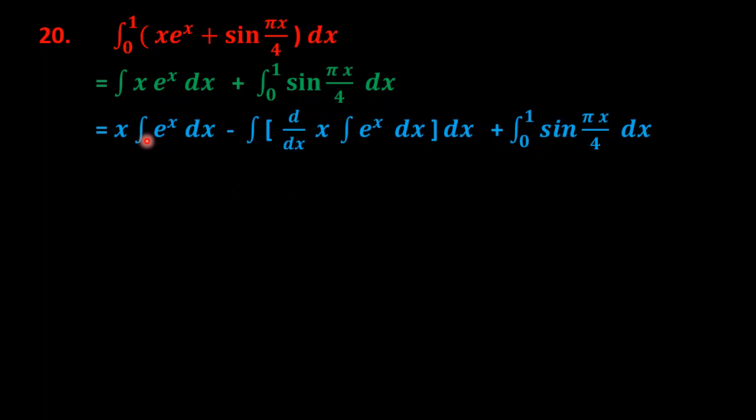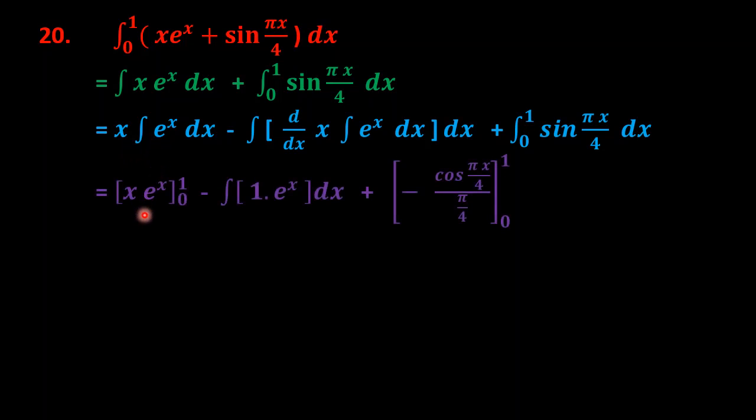Now here we integrate, so x into integration of e to the power x dx will be e to the power x. The lower limit here is 0, upper limit is 1, then minus, and here d/dx of x is 1 and integration of e to the power x dx is e to the power x, then plus sign. So here we use the formula integration of sine nx.